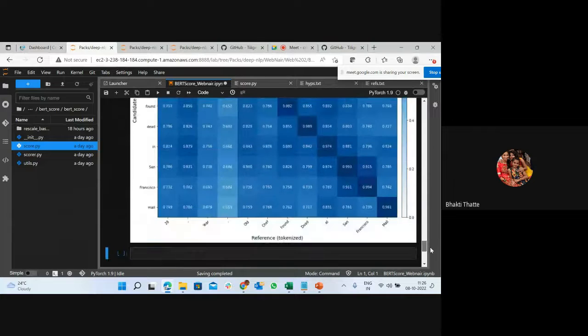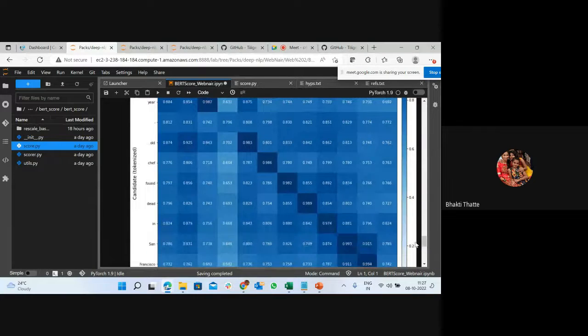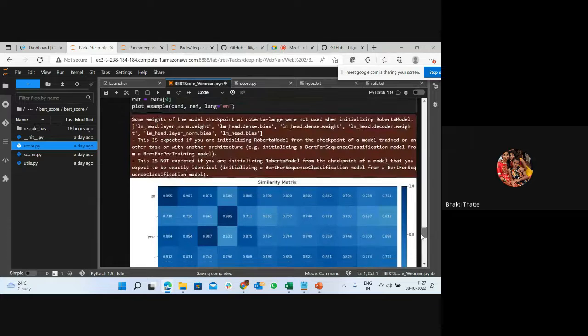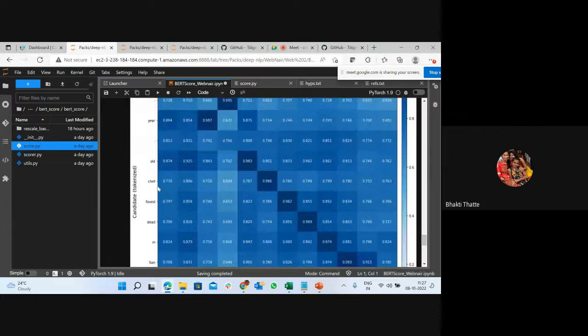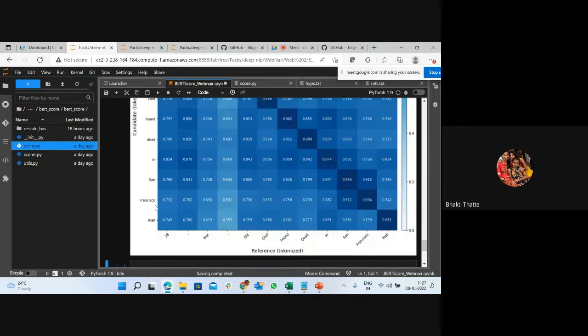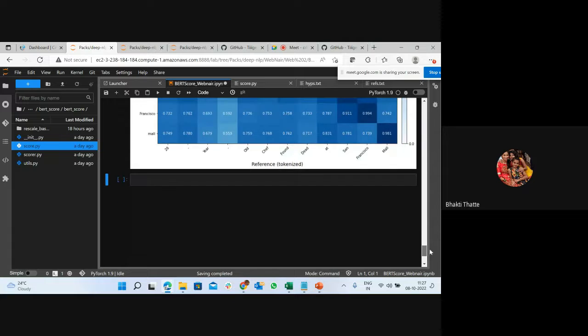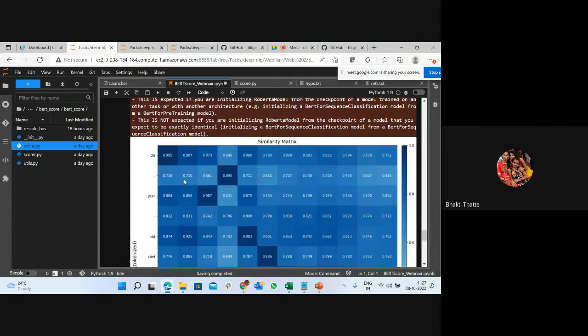The candidate sentence is 28-year-old chef found dead in San Francisco Mall, and similarly the reference is 28-year-old chef found dead at San Francisco Mall. So for every word, we get the similarity. As I explained in the session, in the same way it gives the dark blue point where the maximum similarity comes up.